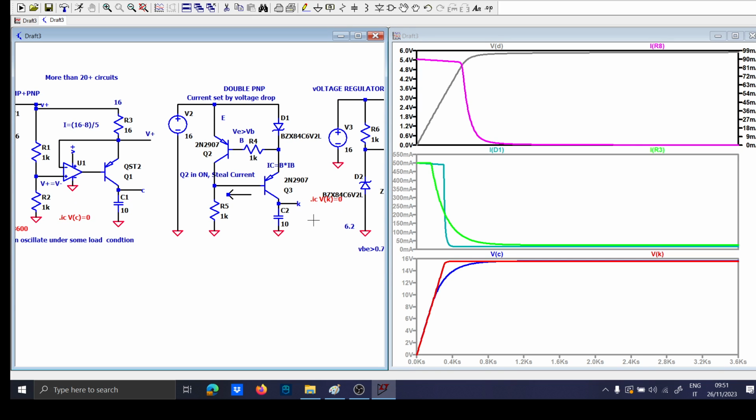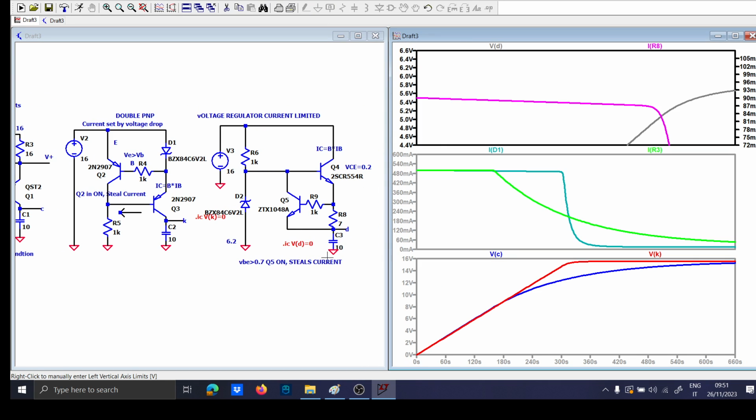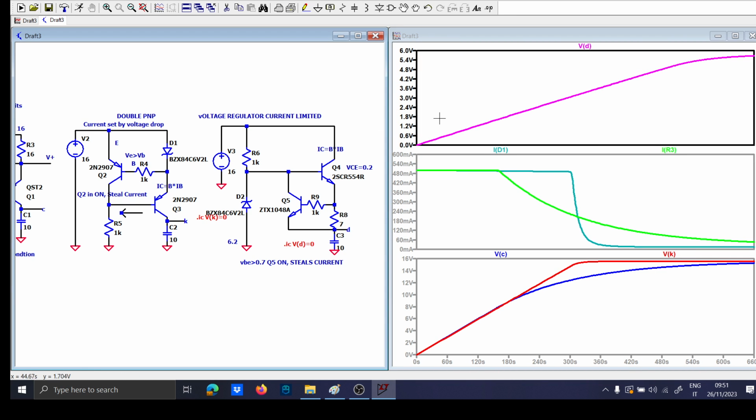Now let's suppose that instead of providing a constant current like this, you don't want to charge the capacitor like this, but you want to charge the capacitor with a ramp, like this. This can be useful in some applications because it is a way to control perfectly the capacitor charge.